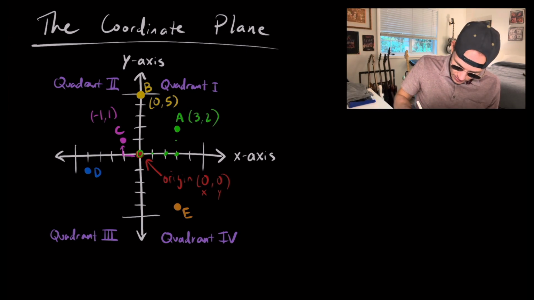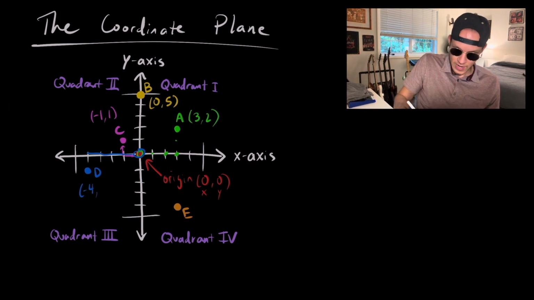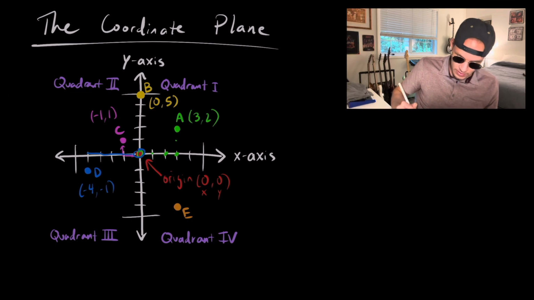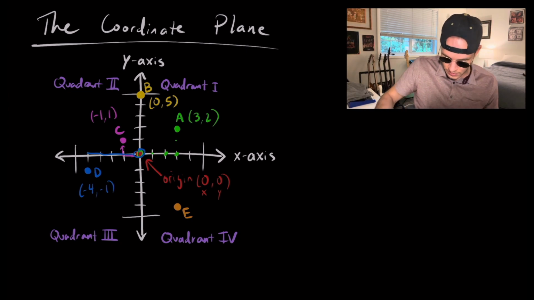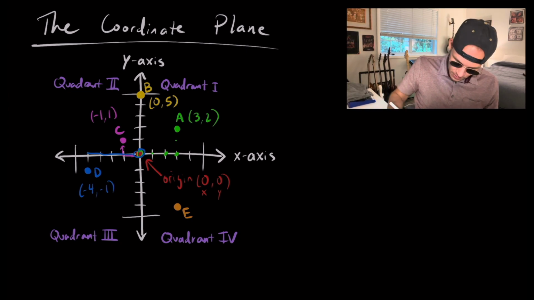All right, for D, we start at the origin, and then we're going to move left to a spot right above the point. That's going to be -4 because we're going to the left, and then down 1. Since we're going down, it's also going to be negative. So -4, -1 is point D. All right, E, so again, start at the origin.